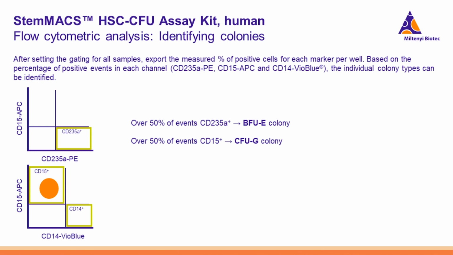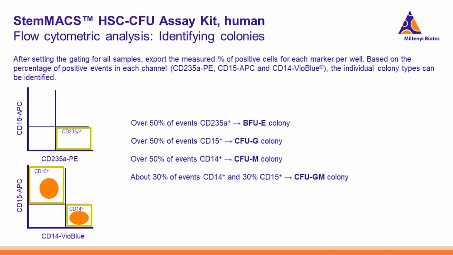By getting more than 50% of positive events for CD15, it is a CFUG colony. A CFUM colony shows over 50% of positive events for CD14. Any well which exhibits at least 30% positive events for CD14 and 30% for CD15 would be a CFUGM.